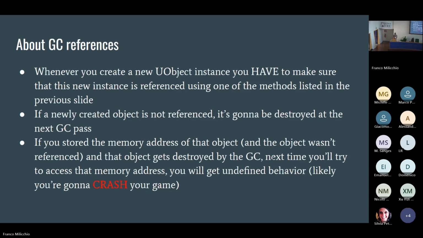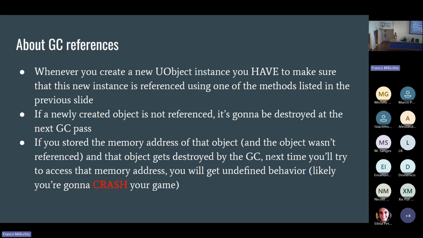So, about GC references. Whenever you create a new UObject instance, you have to make sure that this new instance is referenced using one of the methods that we saw in the previous slide. If a newly created object is not referenced, it's going to be destroyed at the next GC pass.